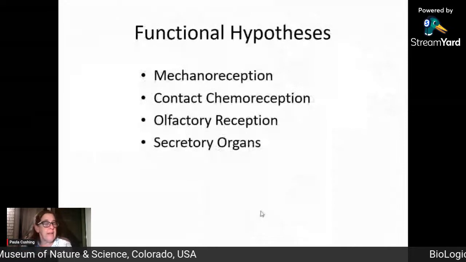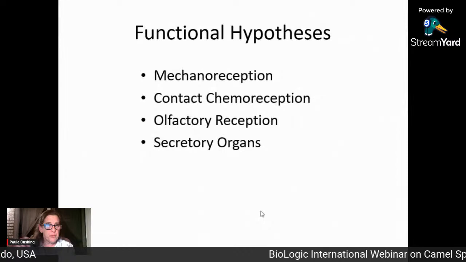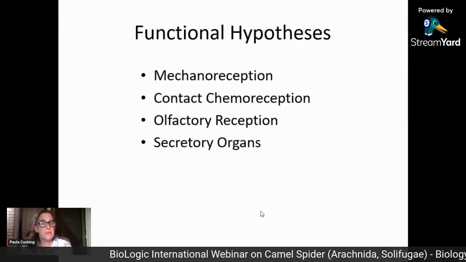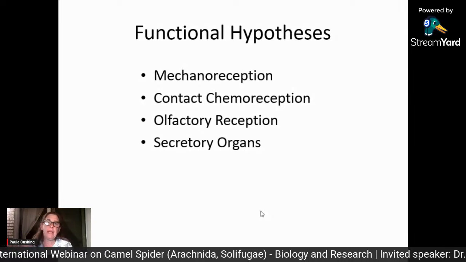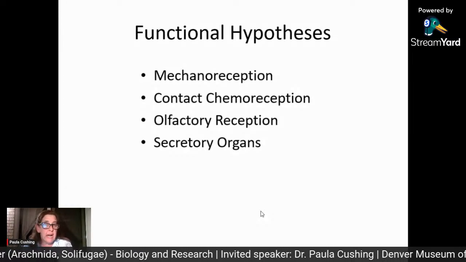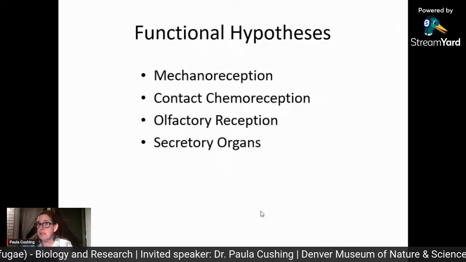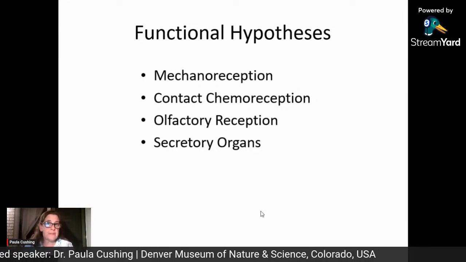But we wanted to find out the functional significance of these really interesting, beautiful little specialized setae. So we used different techniques: transmission electron microscopy, scanning electron microscopy, electrophysiology, and light microscopy to test different functional hypotheses.